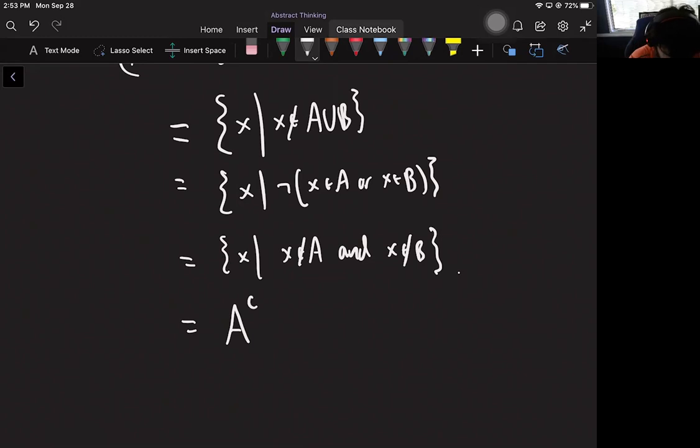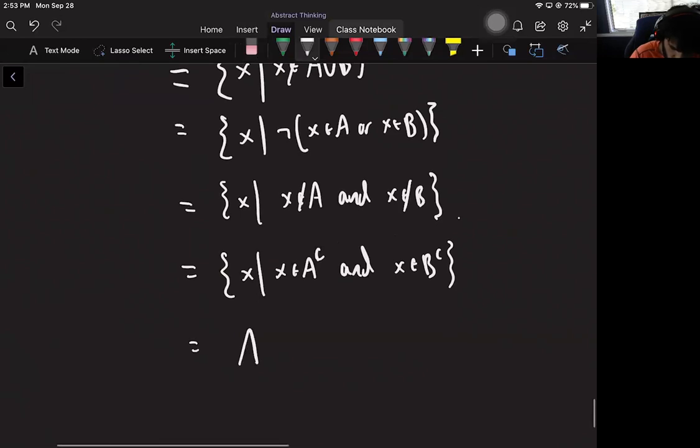That's what it means. In fact, I should write one more step like that. These are the X's which are in A complement, because that's what it means to not be in A, and B complement, because that's what it means to not be in B. So we get this interesting thing, A complement intersect B complement.